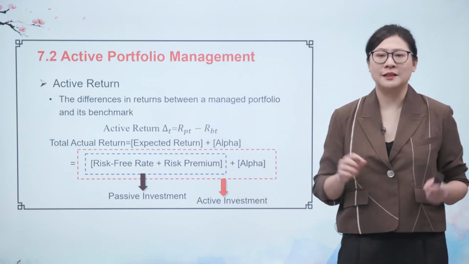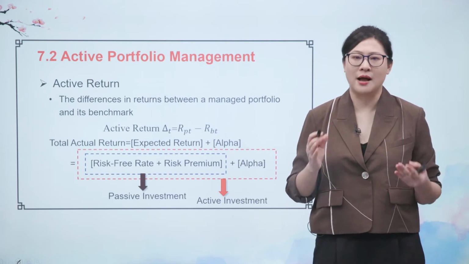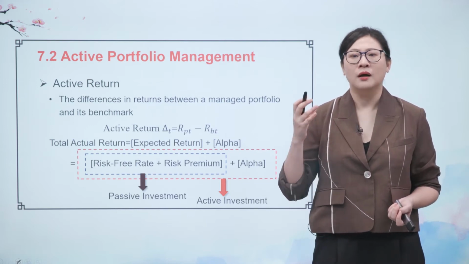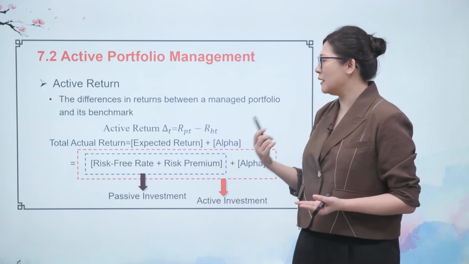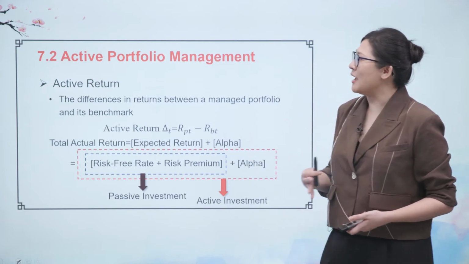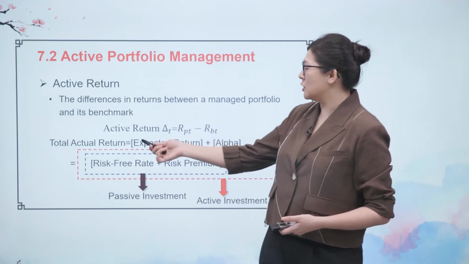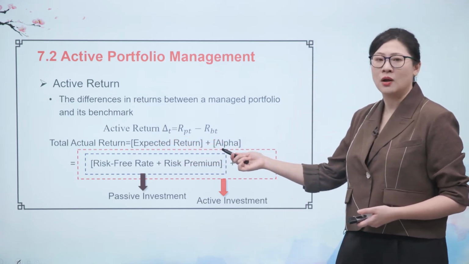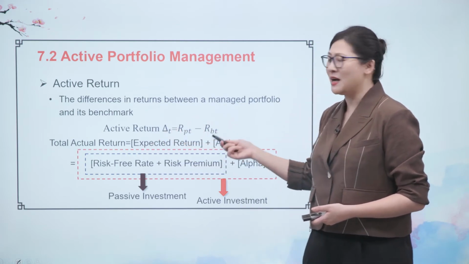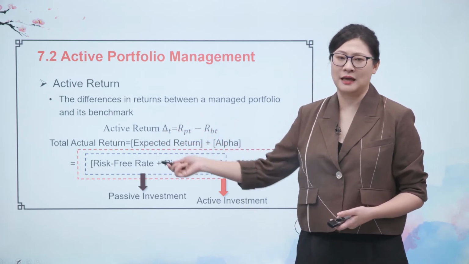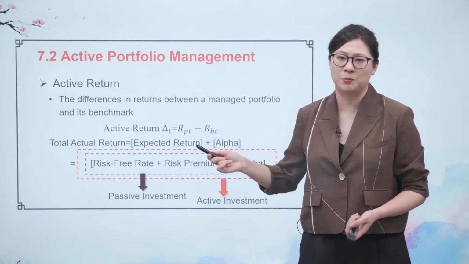Okay, now let's have a look at the total actual return for your investment. If you are doing any strategy, you will get two parts of return. One is based on your beta, your expected return from the capital asset pricing model.